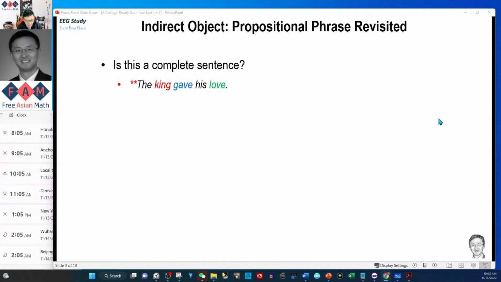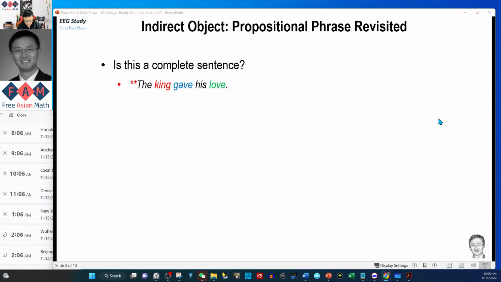That's the object of the transitive verb. The object receives that action. However, for certain types of verbs, this object itself may need another recipient. In this case, the king gave his love to someone, and that someone will be the recipient of love.